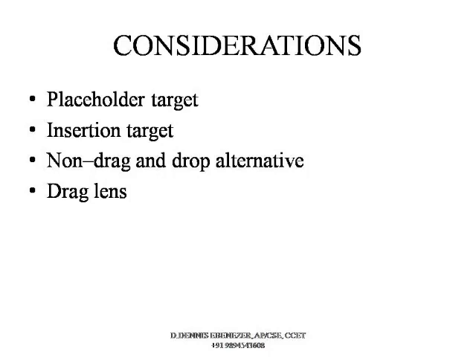The third one is alternative of non-draggable object, that is, if an object is not draggable, it must be fixed in its original place and cannot be moved. And the last one is drag lens. Drag lens is the process in which the pointer highlights the draggable object so that it doesn't get lost in the crowd.